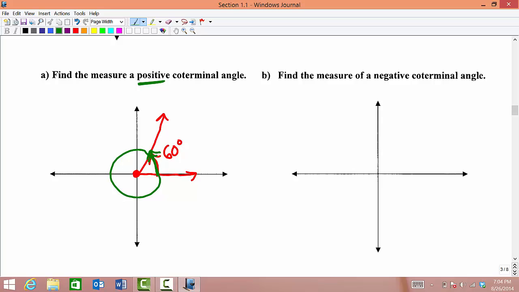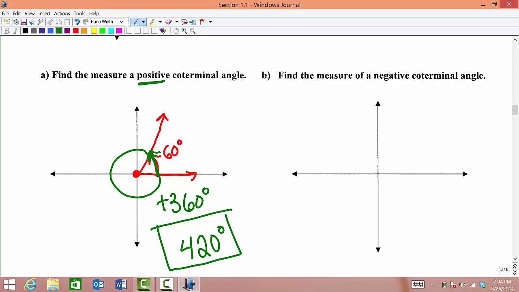So we've gone 60 degrees and then 360 degrees more, because we've added on one complete rotation to get back to the same spot that we started at on that terminal side. So that would be 420 degrees. So 420 degrees would be a positive coterminal angle to 60 degrees.